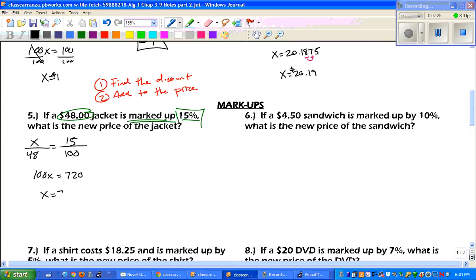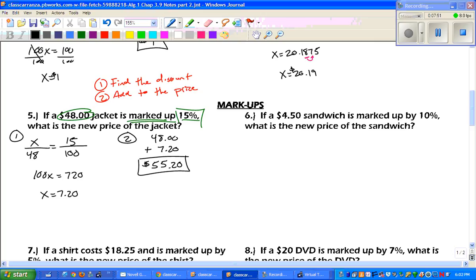Divide both sides by 100 and you get 7.20. So that was step 1. Step 2, instead of subtracting it, now you're going to be adding. And the new price for that is $55.20.